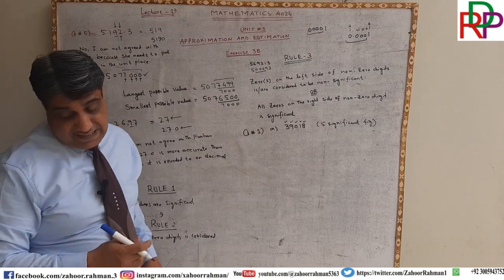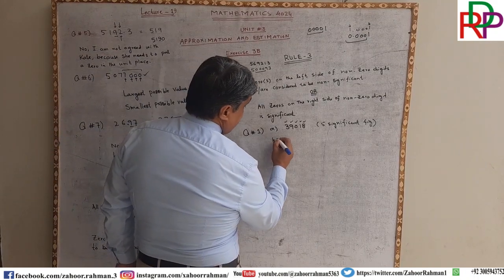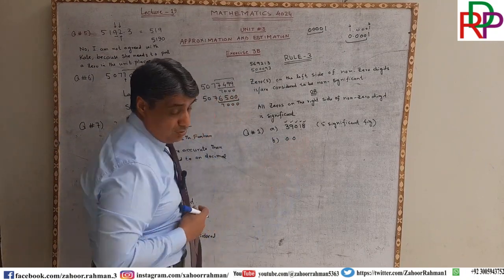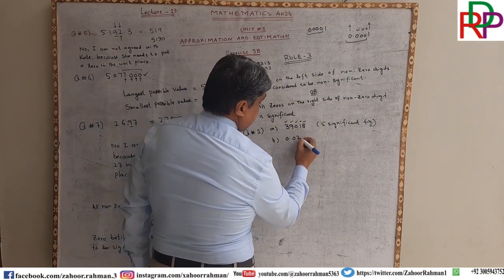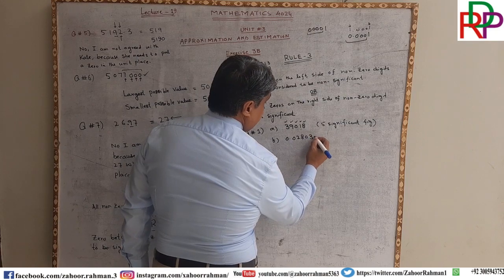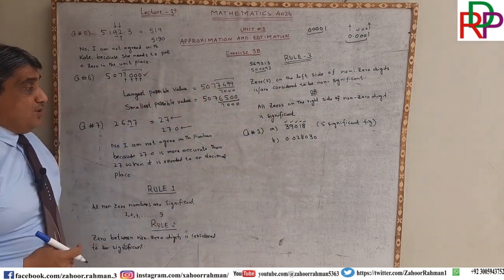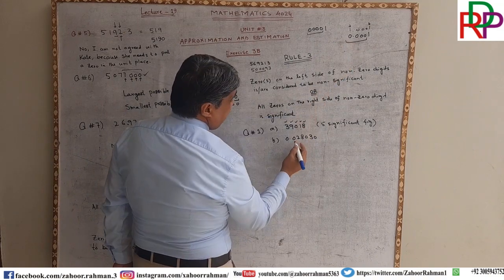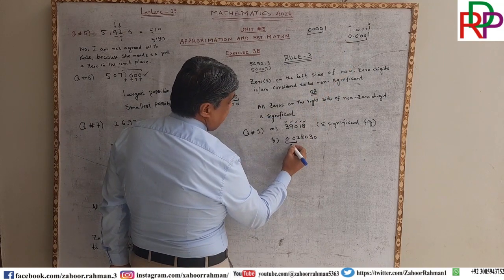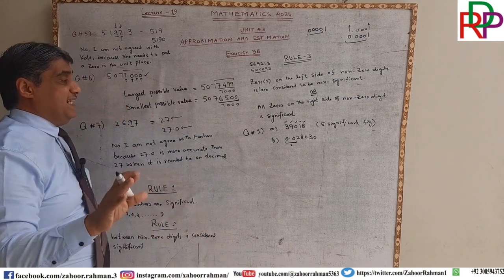The second one is the B part, 0.028030. So how many? I told you that if there are zeros on the left side, they are of no significance.